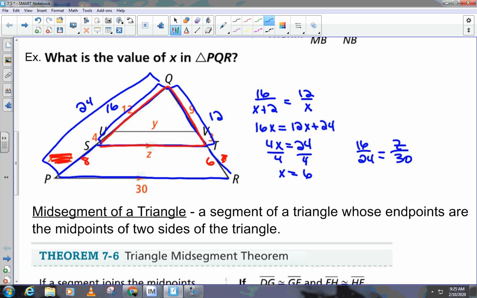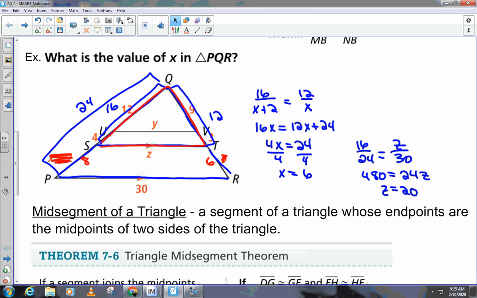So we would cross multiply 16 times 30, which is 480, equals 24Z. And so Z is 20. So I had to do it like that.